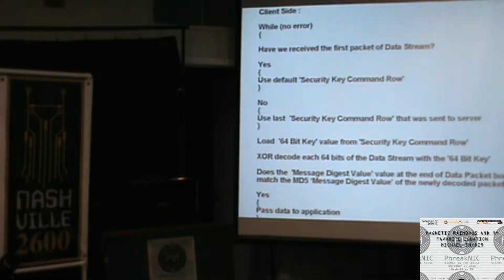Now once the client finds the new key, it does something very special. It generates a whole set of security key parameters and then encodes the new key. Now remember, the new key has never been on the wire. The server knows the new key, the client found the new key.